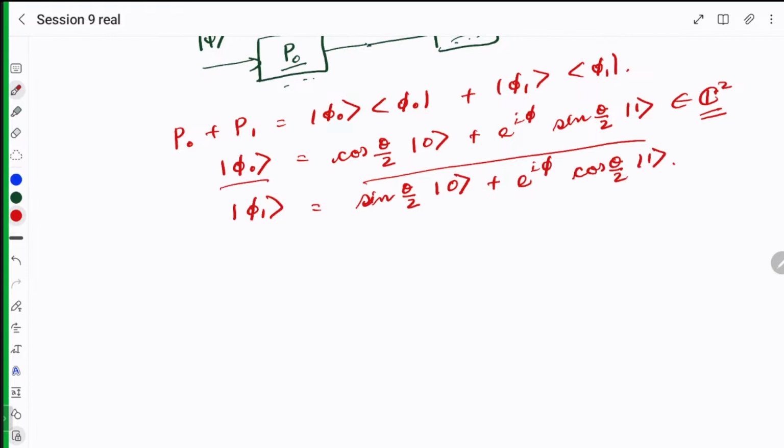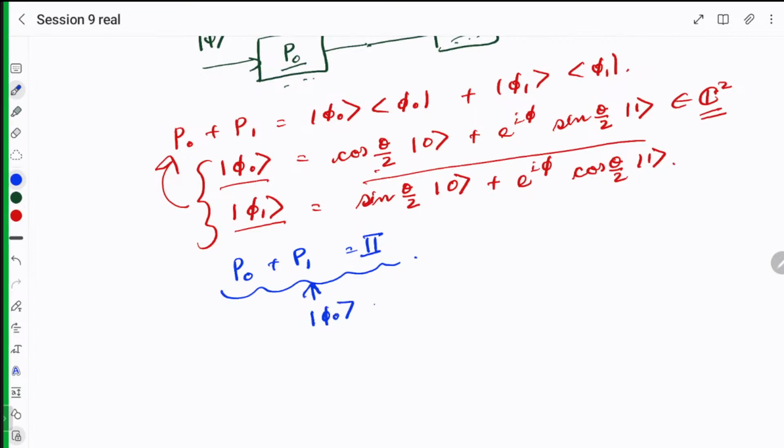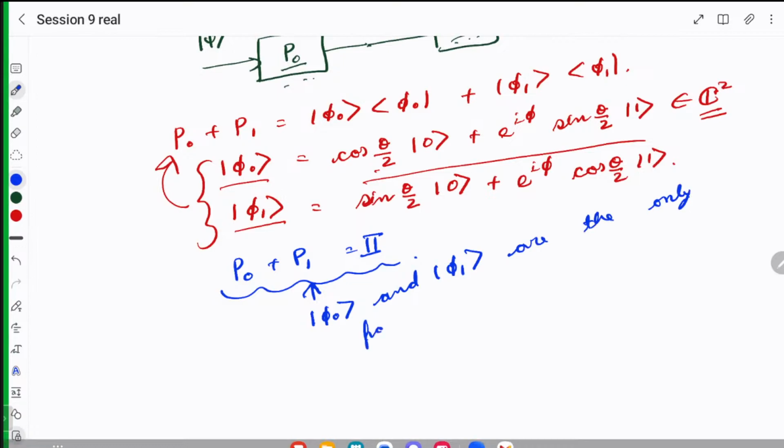If you substitute phi naught and phi 1 here, you would find that P naught plus P1 equals I. The significance is that this ensures phi naught and phi 1 are the only possibilities when we do this particular measurement.